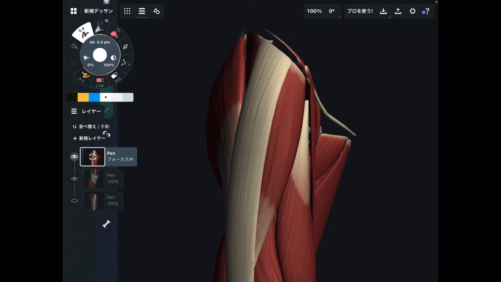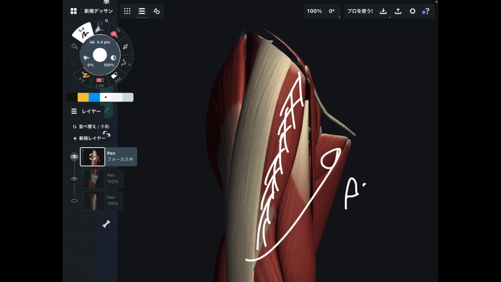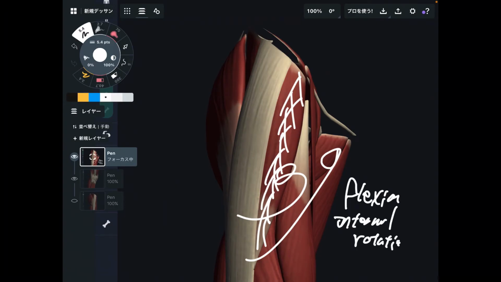Now let me talk about the function of this muscle. Since tensor fascia lata attaches to the pelvis and thigh, this muscle can move both the hip and pelvis. Let me explain hip function first. Tensor fascia lata is on the anterior part, an anterior hip muscle. Thus, this muscle can do hip flexion, plus internal rotation.